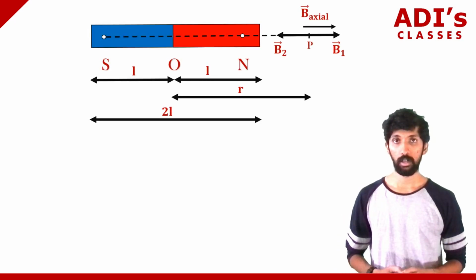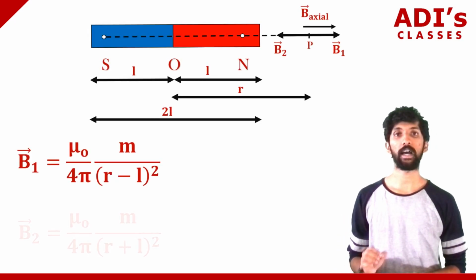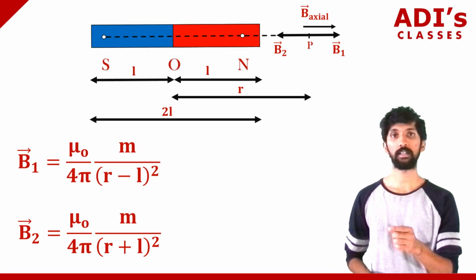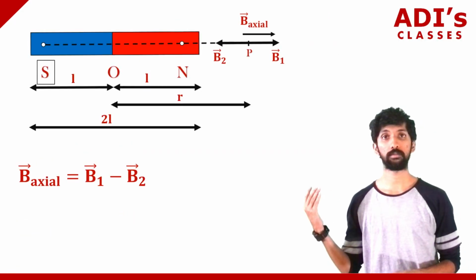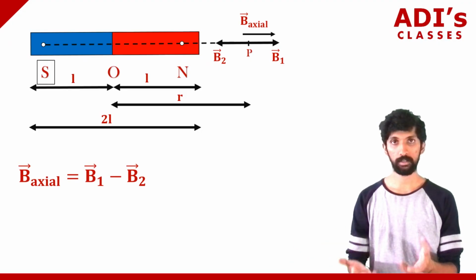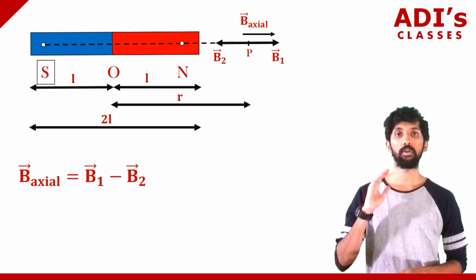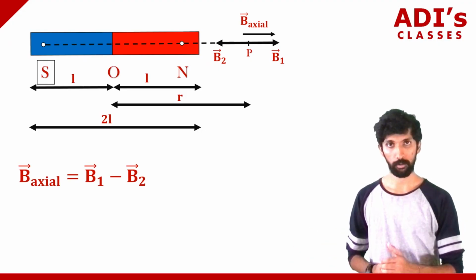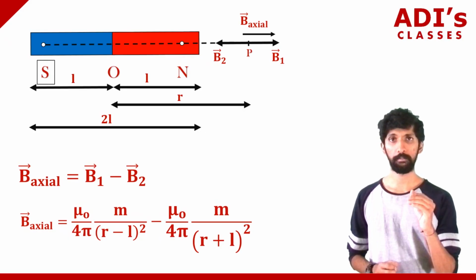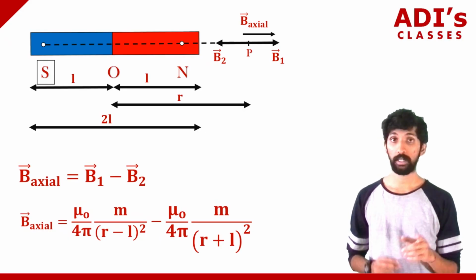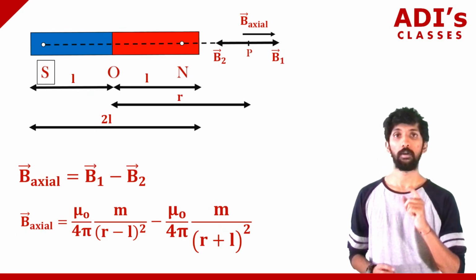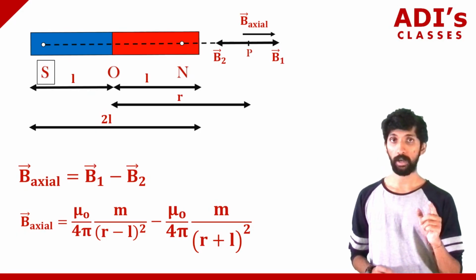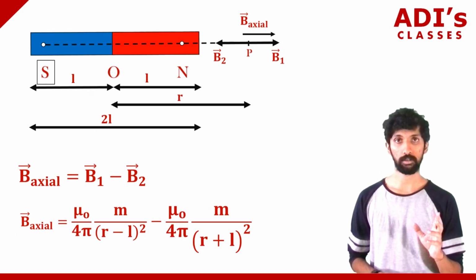Now substitute that. The net magnetic field at point P, B is equal to B1 minus B2, because B1 is closer to P, so B1 is more in magnitude. So you get mu naught by 4 pi into m divided by (r minus l) whole square, minus mu naught by 4 pi into m by (r plus l) whole square.